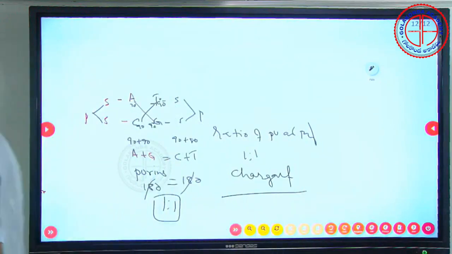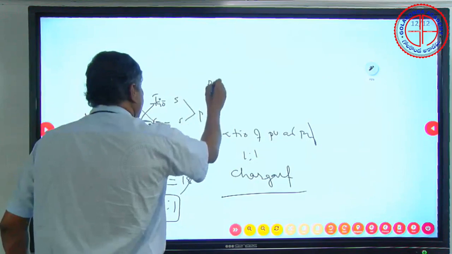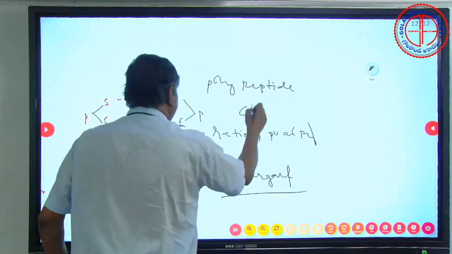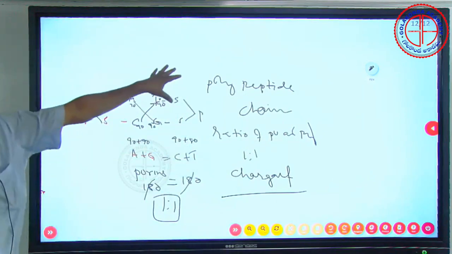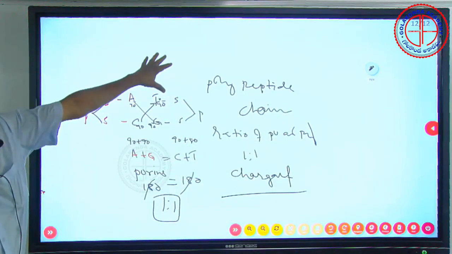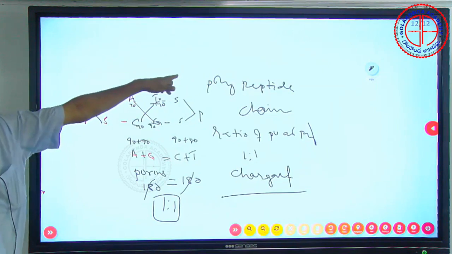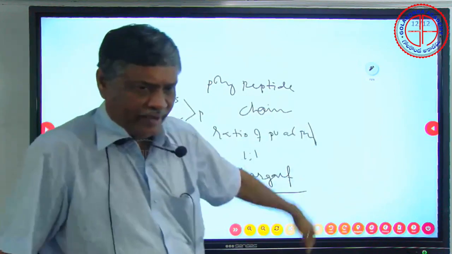A part of DNA which prolongates to a polypeptide chain is known as gene.